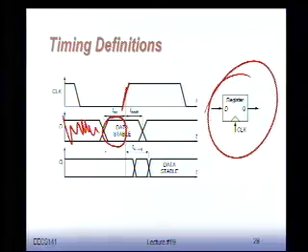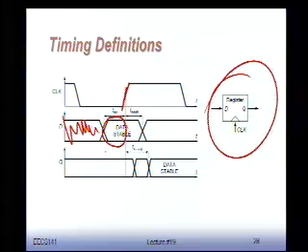Otherwise, your register might do weird stuff. This is what we call the setup time. So you have to ensure that your data is set up and stable before I can apply that clock event. Setup times are important because if you violate them, you might end up with some weird stuff in your register, which you don't know what it is.